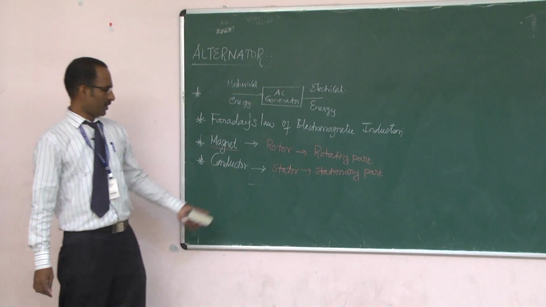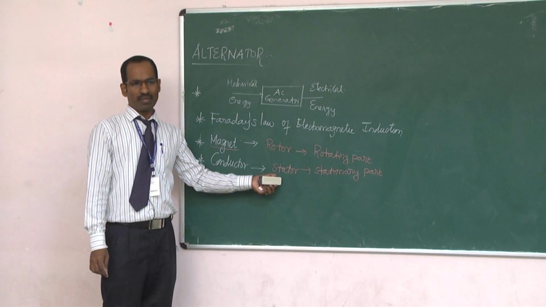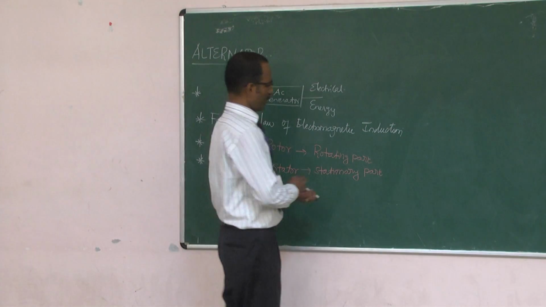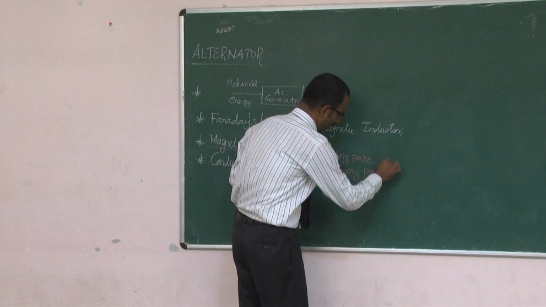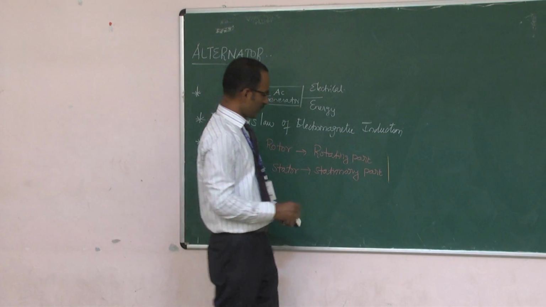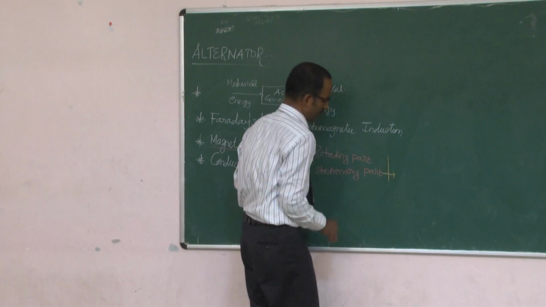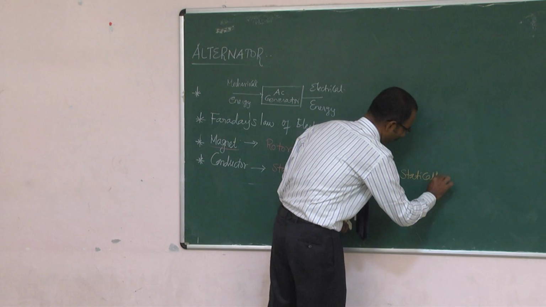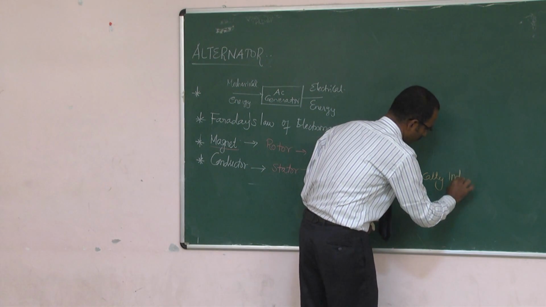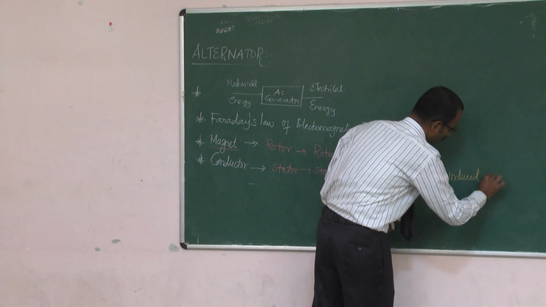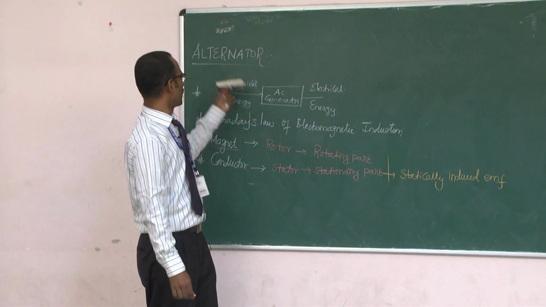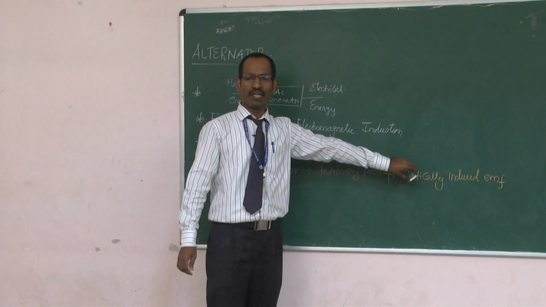The EMF is induced in the stator part here because the conductors are placed in the stator. There are two types of EMF. Here the EMF is induced in the stationary part, so it is considered as the statically induced EMF. The EMF which is induced in the alternator is considered as the statically induced EMF.